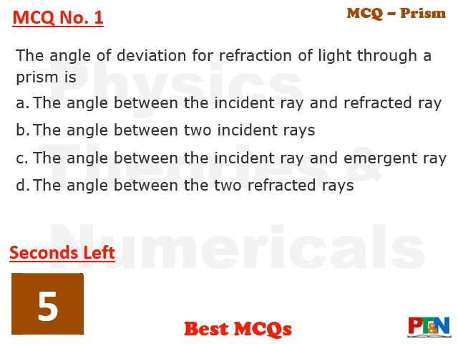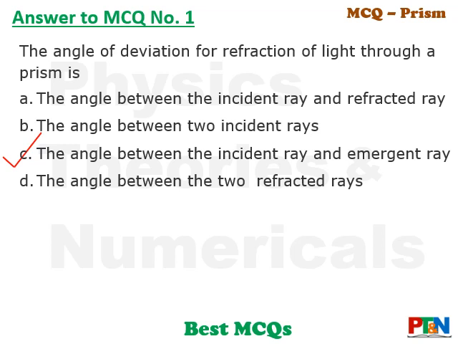You have 5 seconds to come to your option. Your timer starts now. Time's up. Let's see the answer. The answer is option C. The deviation for refraction through a prism is the angle between incident ray and emergent ray.